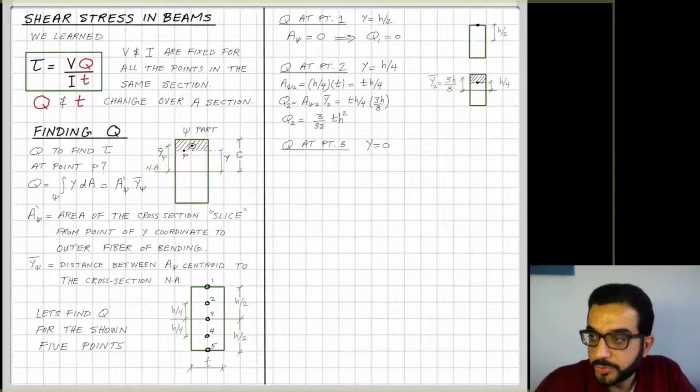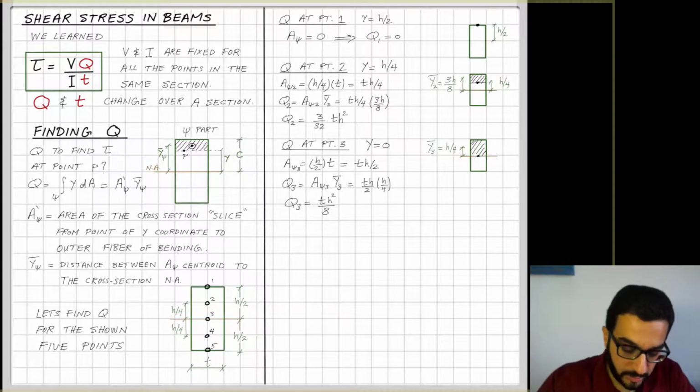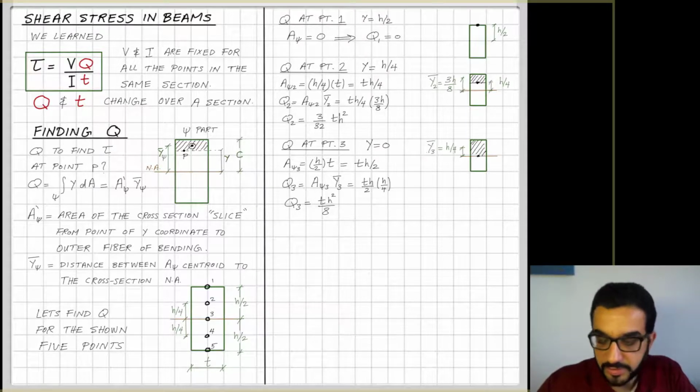Moving to the next point, which is at the neutral axis, the area here is half of the area of the section, t h over 2. Q3 will be this area times the centroid of that shaded psi area, which is at quarter height. So it ends up with t h squared over 8.